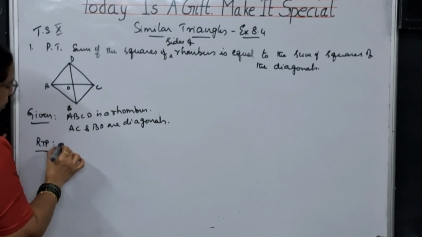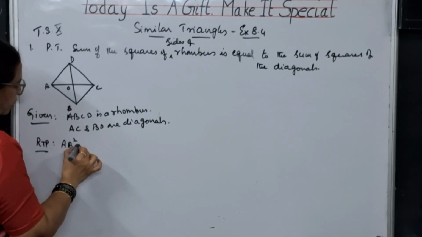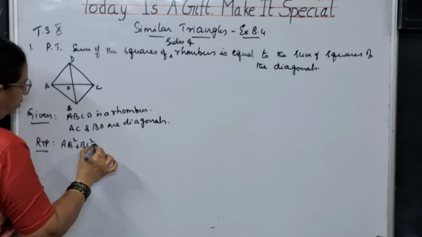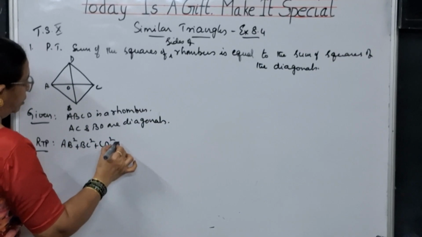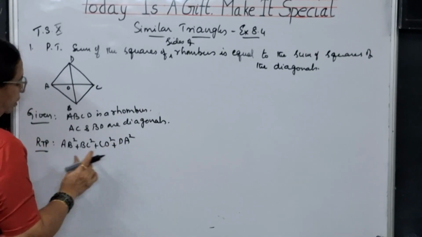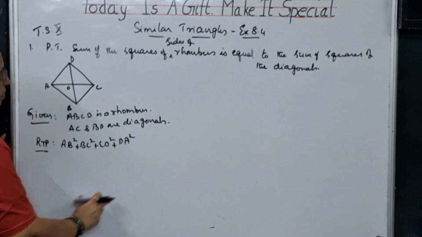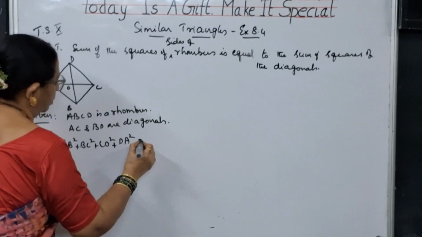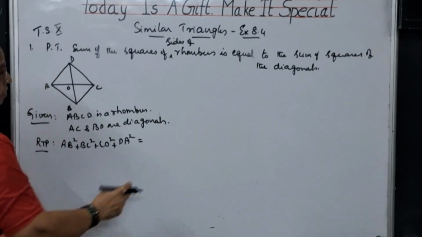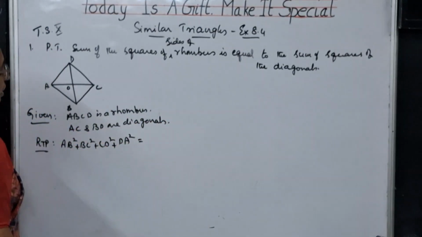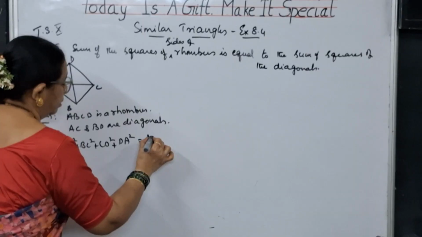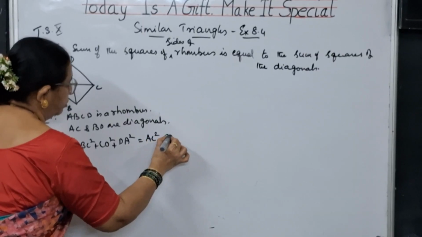That means what is RTP? AB square plus BC square plus CD square plus DA square is equal to, what are they saying? Sum of the squares of the diagonals. That means AC square plus BD square.